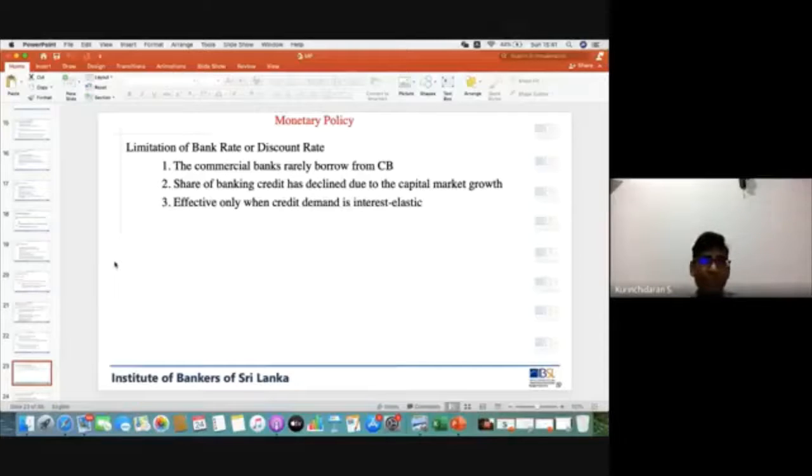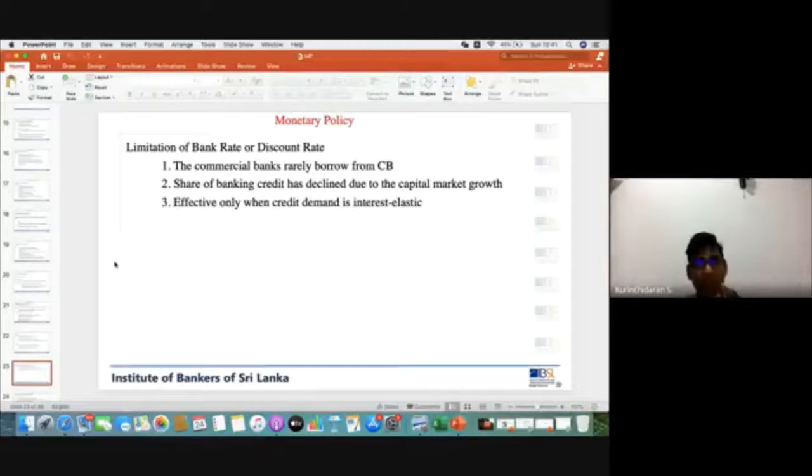Second, share of banking credit has declined due to capital market growth. Now, up to now, we were looking at the banking credit, what will happen to the banking credit. But if you take the developed economies, the capital market caters to a lot of firms, not banks.